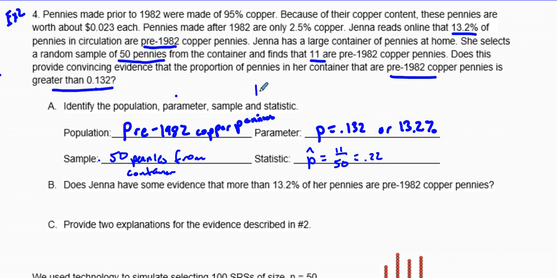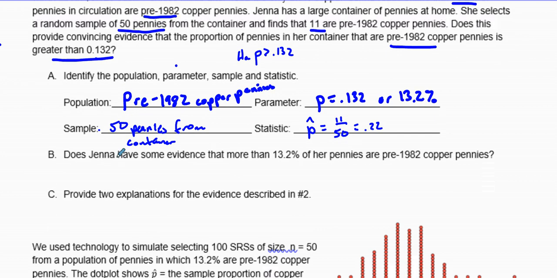So we make a hypothesis. The alternative hypothesis is that p is greater than 0.132. Does Jenna have convincing evidence? She may or may not, and to figure this out we have to do a little test, because this could be done by chance.